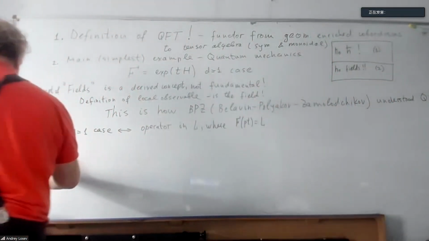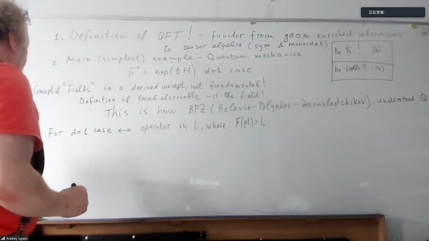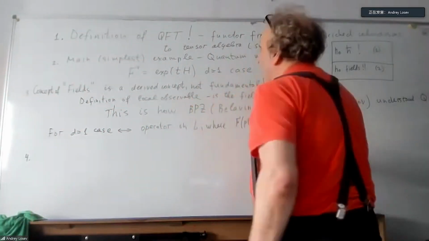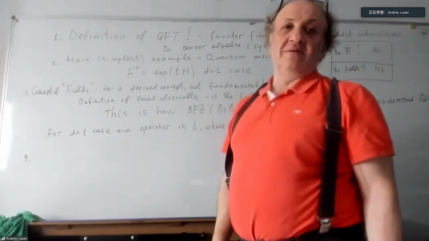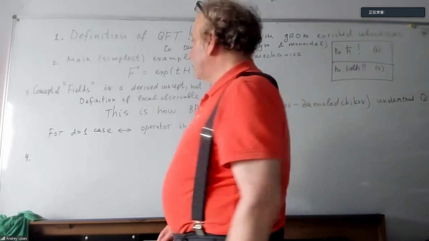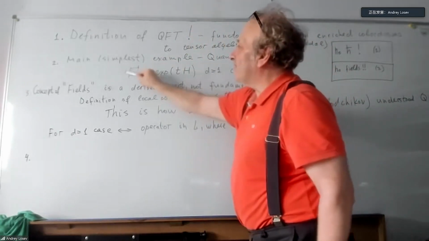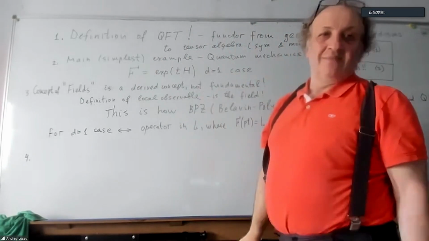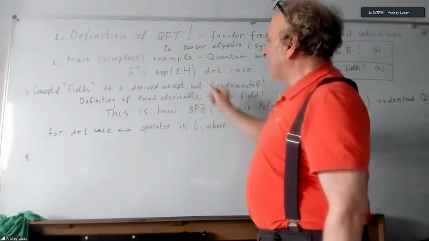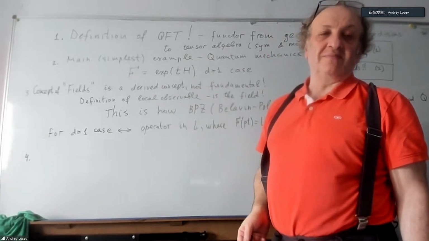Now, point number 4. It's a question how to construct QFT. In the one-dimensional case, you have a universal solution. So you do not need to construct. Take any L, any operator, you have a one-dimensional QFT.